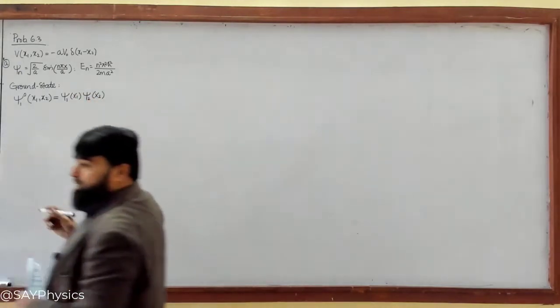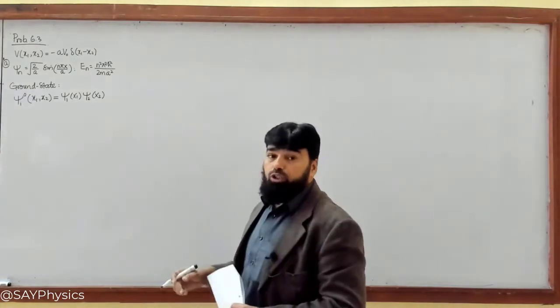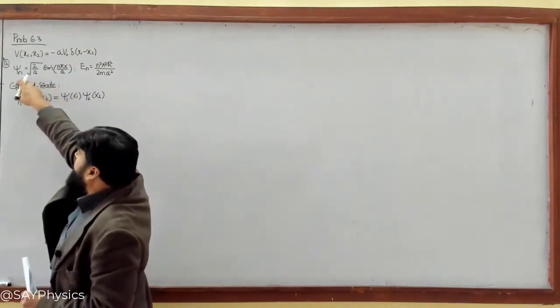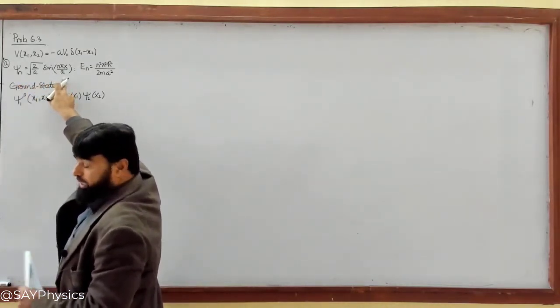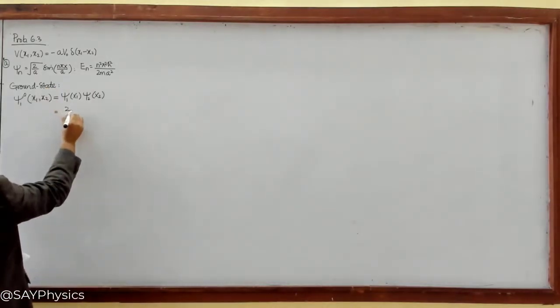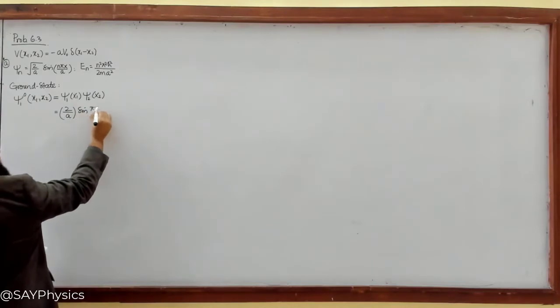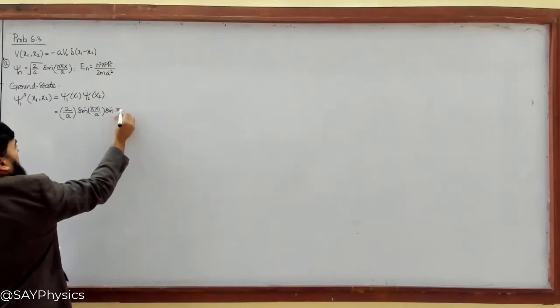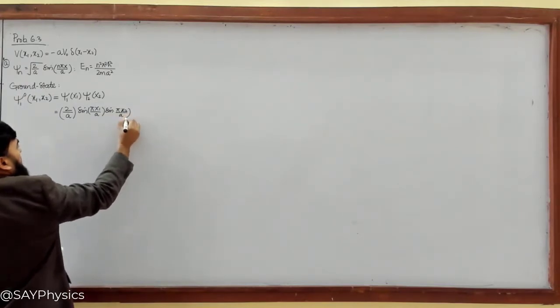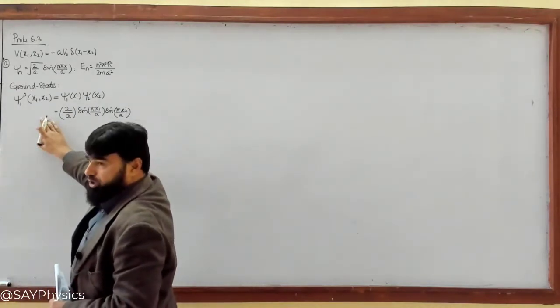They are overlapping wave functions. And what this will be, just put the values of psi 1 and psi 2 here. And this will give you that this is equal 2 over a square root, and square root will multiply, so you will get only 2 over a, and sine pi x1 over a sine pi x2 over a.